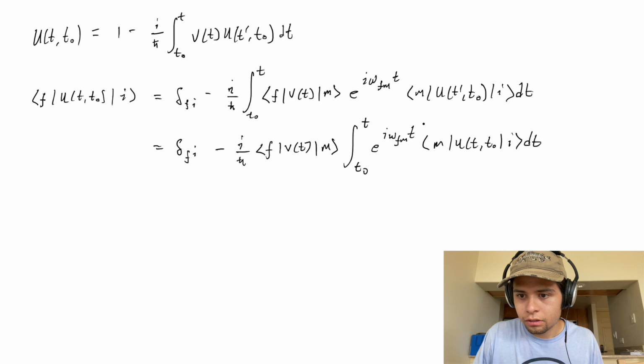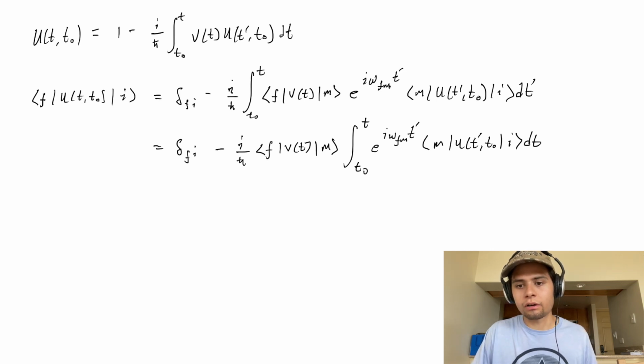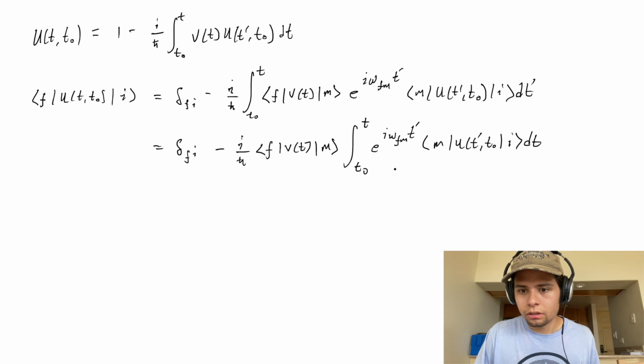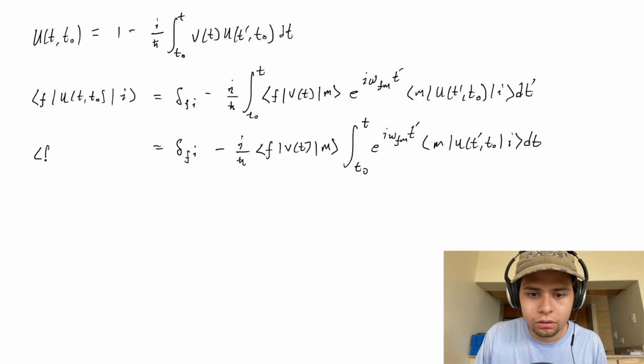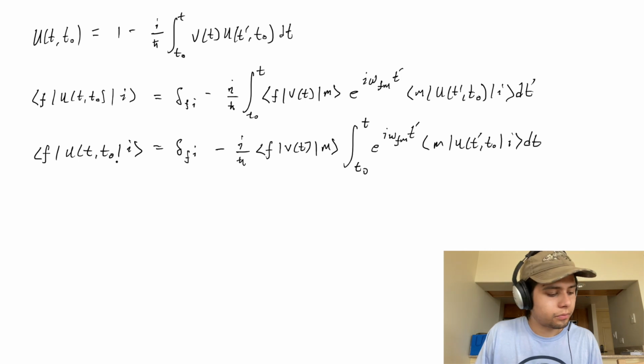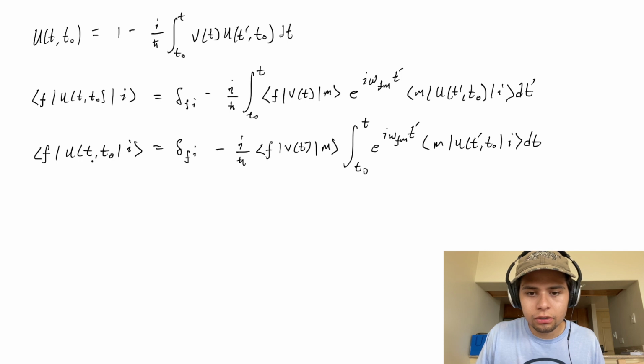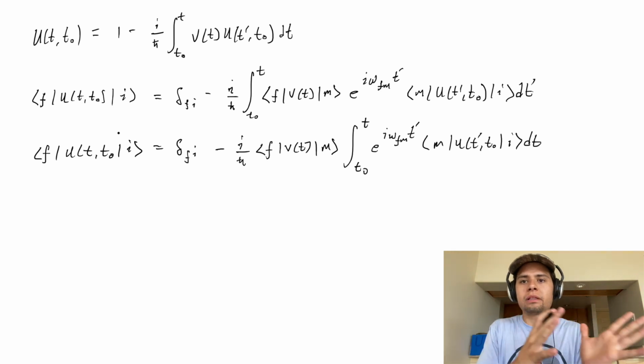And that guy there, and that guy there, these guys all have to have primes on them because that's the thing we're integrating over. Okay, and so what this gives us now is a matrix formulation of this. So we want to know what this is, this object here, what the coefficients are, such that the states remain the same.